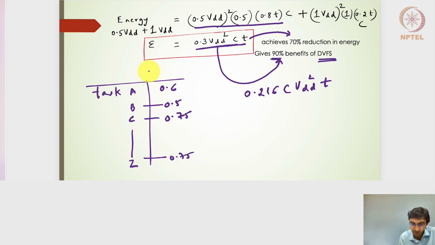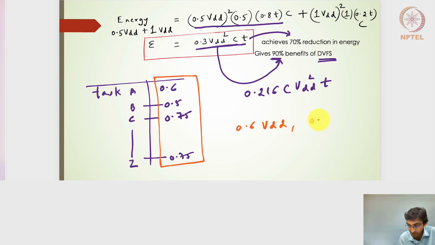So we will have to choose the particular rail voltages. It could be 0.6 VDD and 0.75 VDD, right? It could be those two rails, or three rails, or maybe another set of rails, which will give me the maximum energy benefits for performing all the tasks, right?